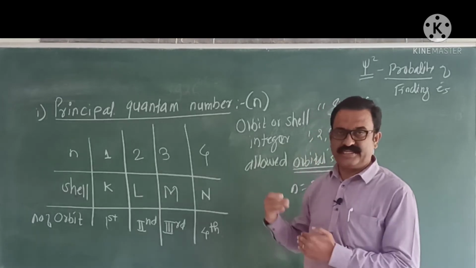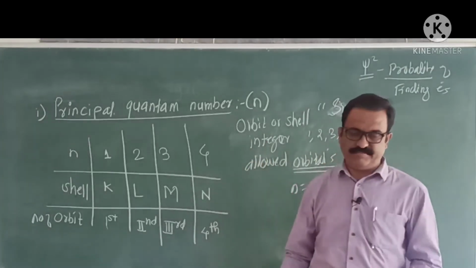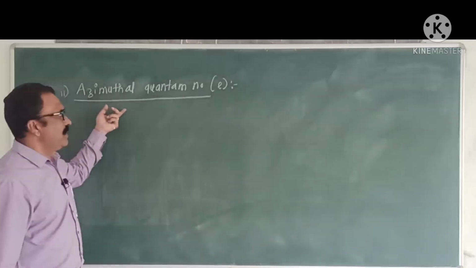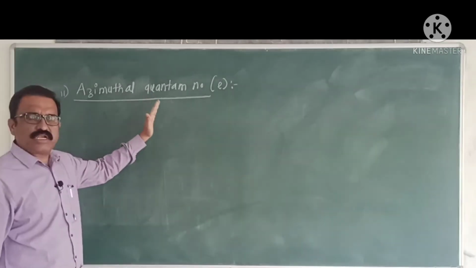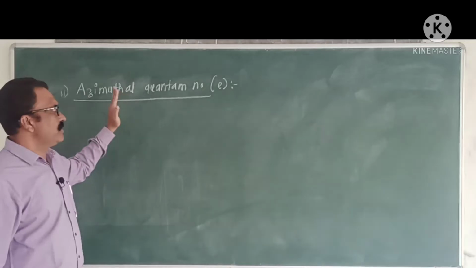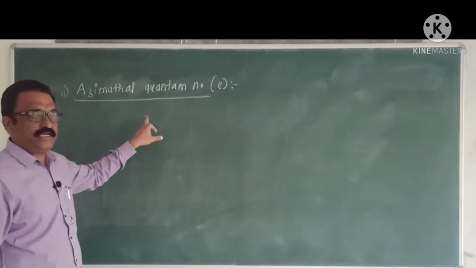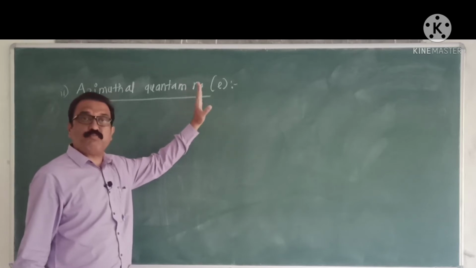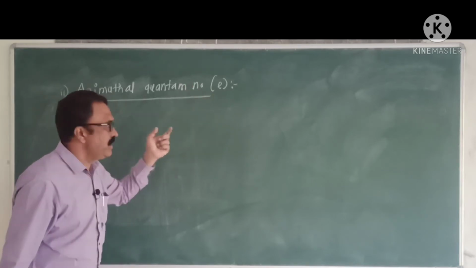Okay, now we will discuss a second quantum number, which is the azimuthal quantum number. This azimuthal quantum number is represented by a small l.